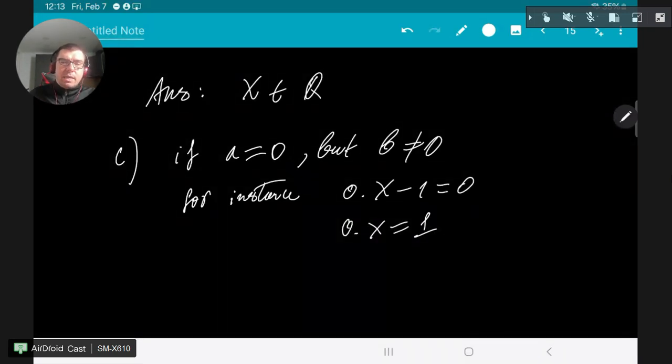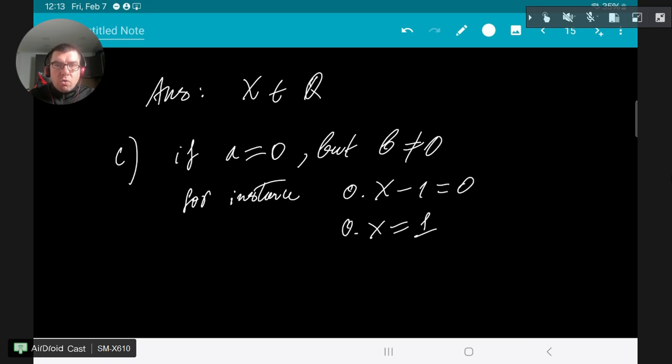Which number can I choose instead of x so that when I multiply that number by 0, I'll get 1? Well, if I choose x to be 1, 0 times 1 will be 0, it will not be 1, and so on. So there is no number which, if I multiply it by 0, will get to 1.